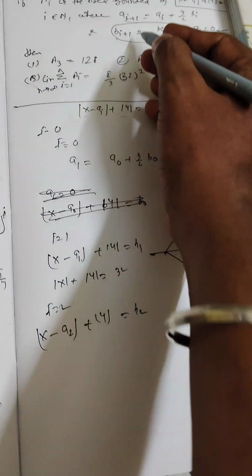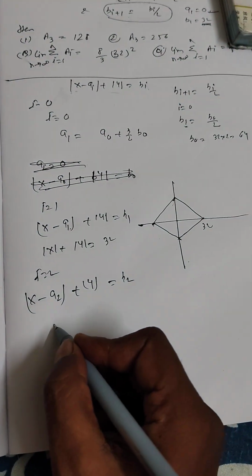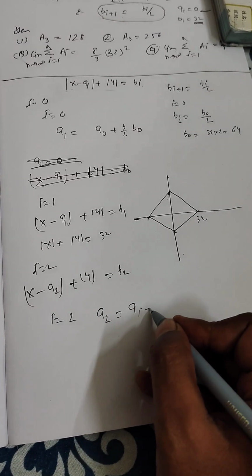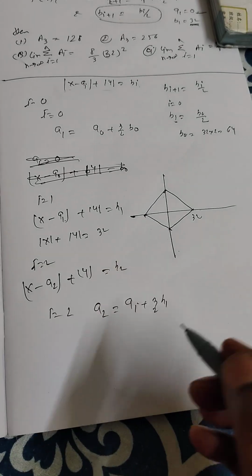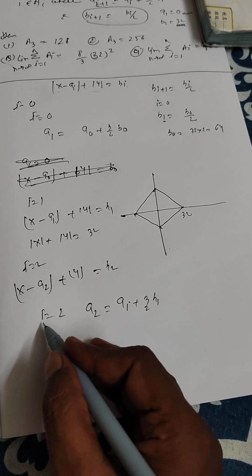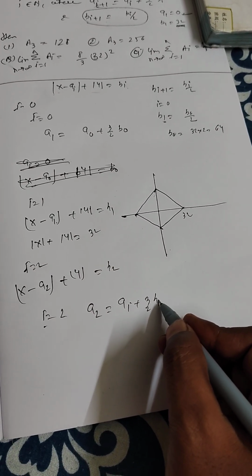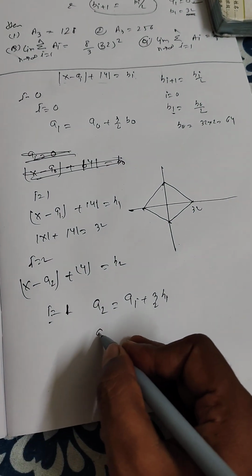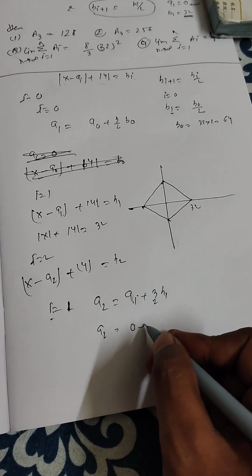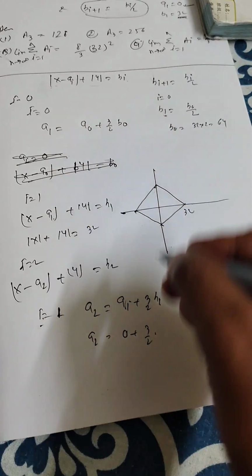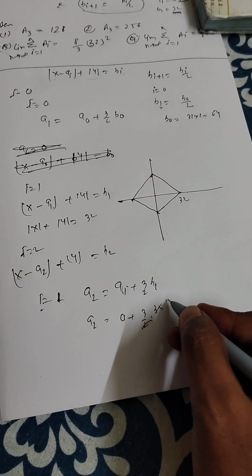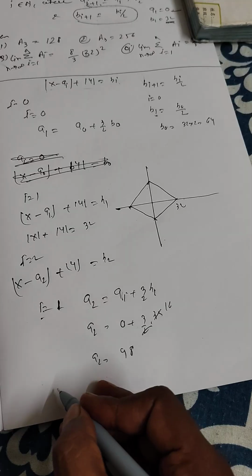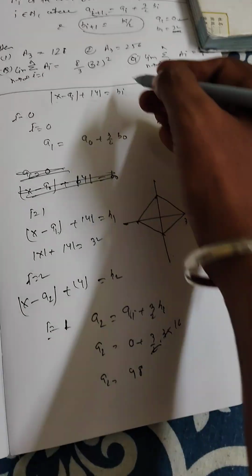Understand properly. Put i = 1 in the recurrence: a2 = a1 + (3/2)b1. Here a1 is 0 plus 3/2 times b1, which is 32. This cancels to 16, so a2 comes to 48. Okay.